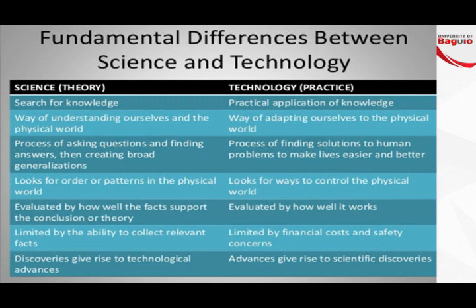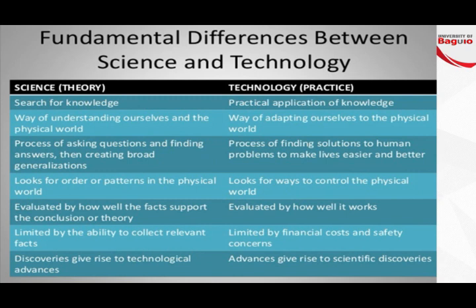So there is a slight confusion between the two, but that is how the differences are. Discoveries give technological advances, that is science, that is theory, and technology is a practice wherein there will be more scientific discoveries because of the use of these technologies. So technology is really application.